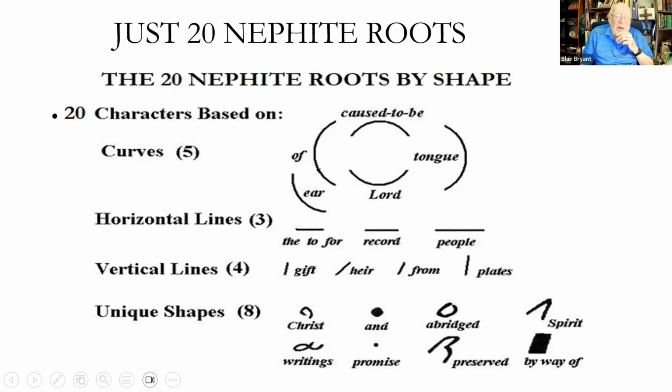Now, it's possible to combine these things. In fact, they're very often combined. The record could be one straight line, but the people could also be a straight line, and it's difficult to distinguish these.